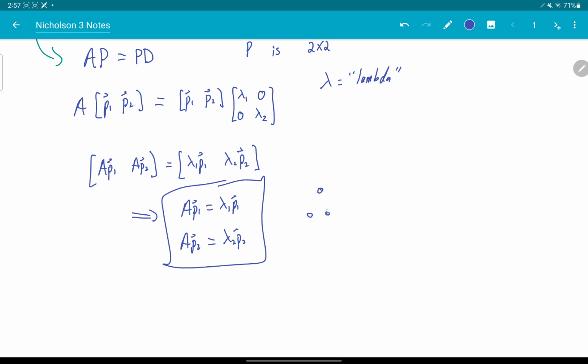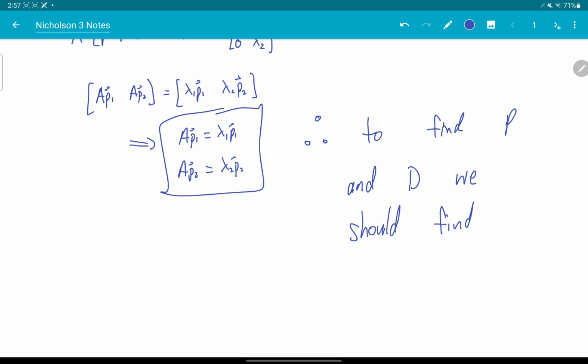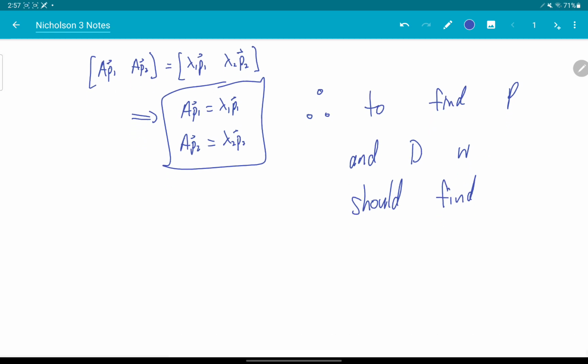So, therefore, to find P and D, we should find vectors x not equal to 0. I'm going to explain why in a second.